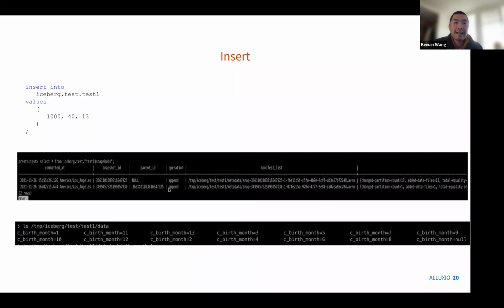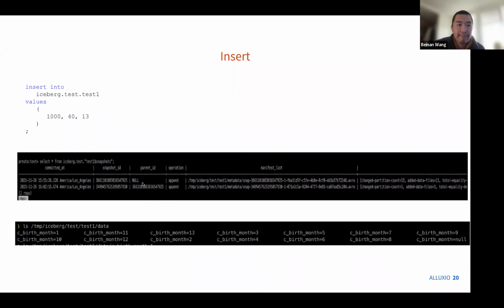That means other clients cannot see the data you just inserted but not committed. If it's a huge insertion and it's still running, the other queryers cannot see the data until you commit the data.